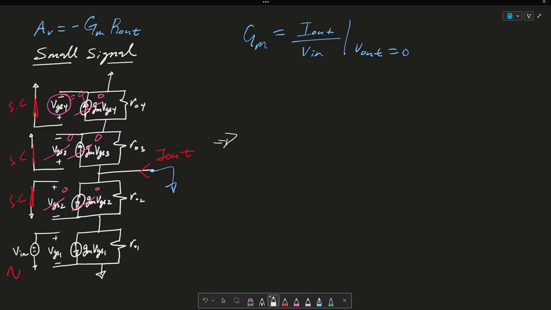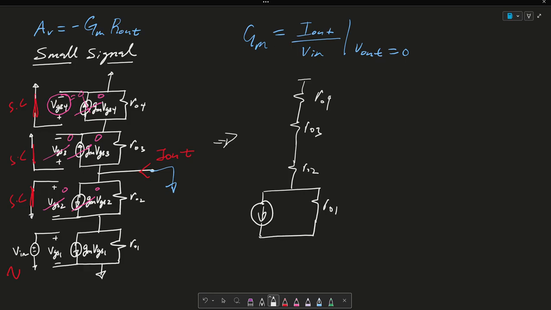Right, as this is grounded. Let me fix this up. This is RO4. This is RO3. This is RO2. This is RO1. This is a voltage controlled current source, call it GM Vin, simply because this VGS is equal to Vin, because it's in parallel with this Vin.